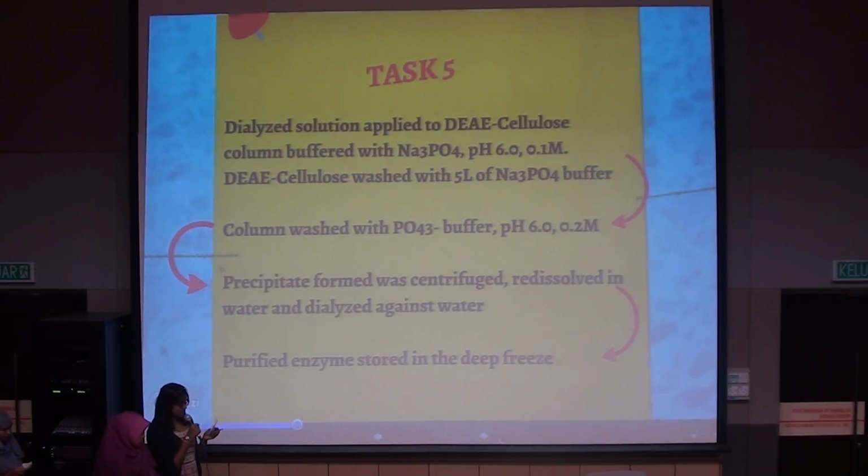The protein forms a brown color and is washed with phosphate buffer until a yellow protein is eluted. The precipitate is redissolved in water, dialyzed against water, and kept in deep freeze.